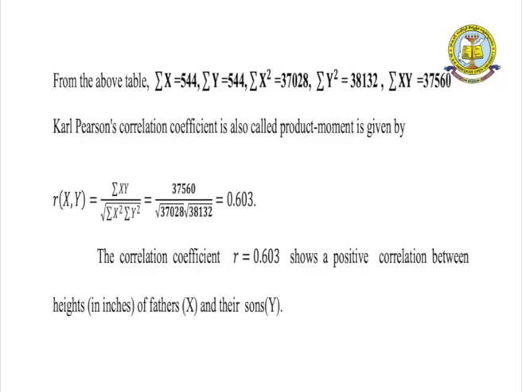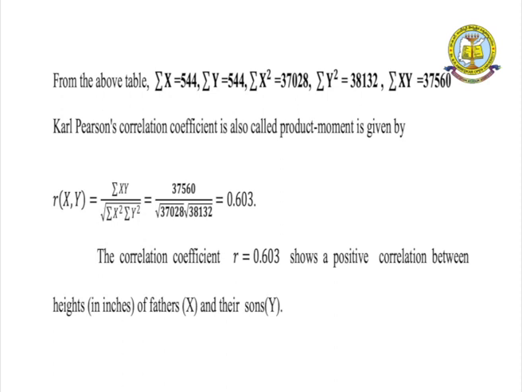Now, using the above values, we will substitute these values in the formula to get a relation among these variables. From the above table, we get summation x and summation y values, summation x square value, summation y square value is 38,132, summation xy is equal to 37,560.